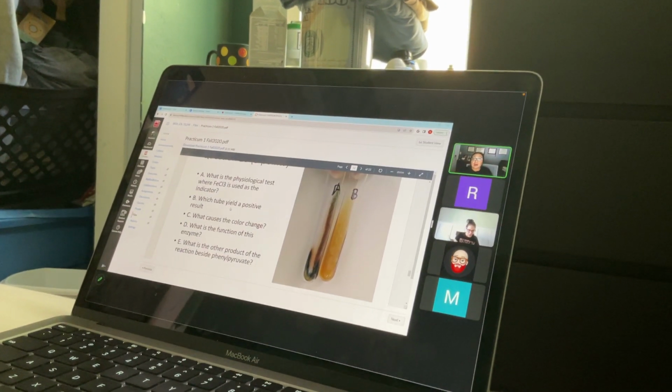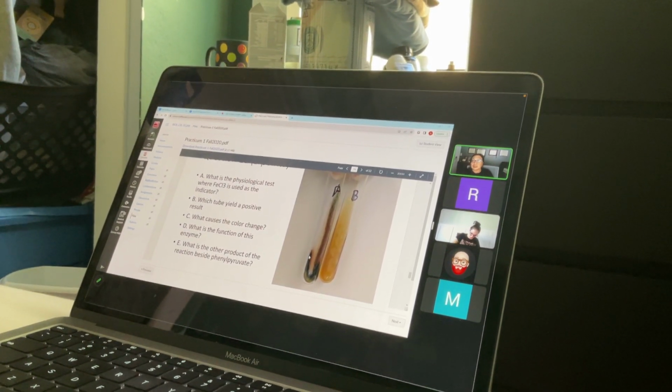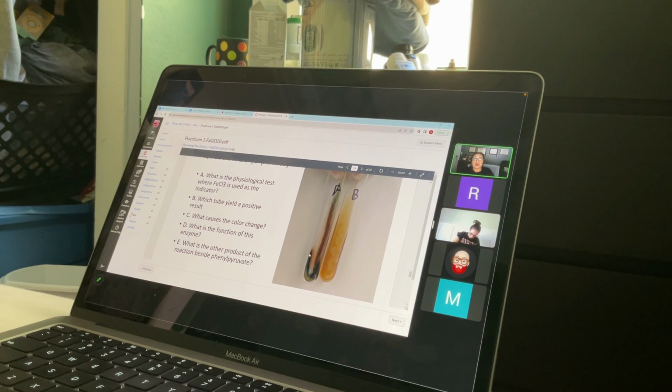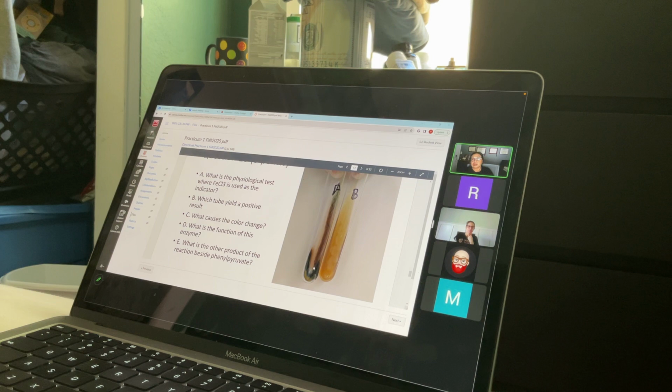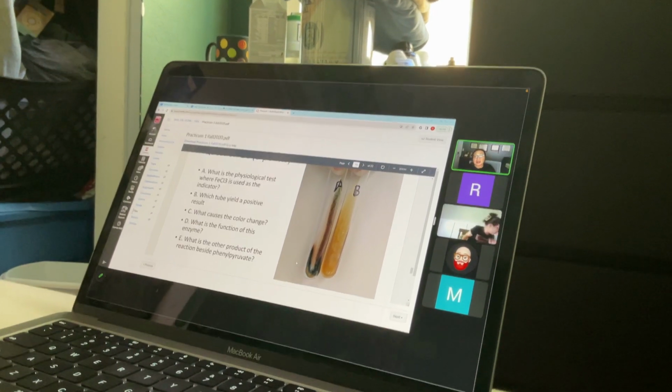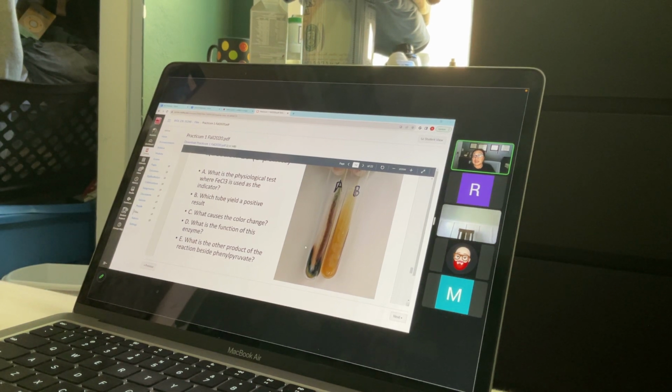Okay, why does it turn green? Because the phenylpyruvic acid is going to react with the iron of the indicator and give you the green color. So that's the question, what caused the color change?